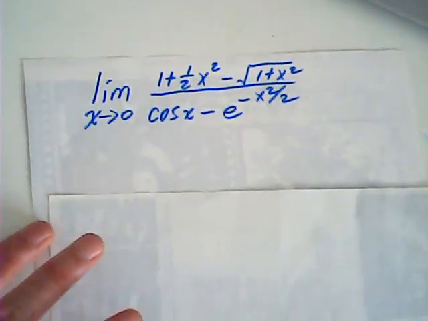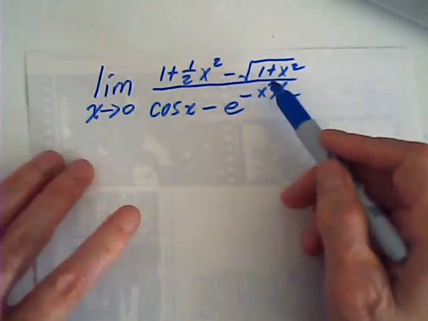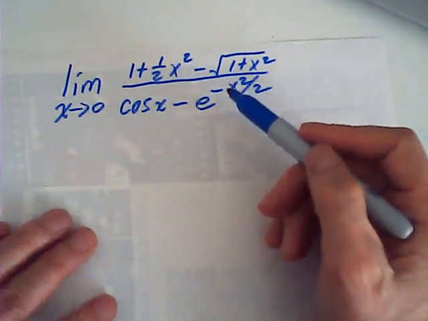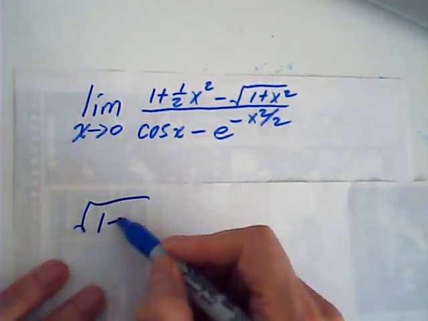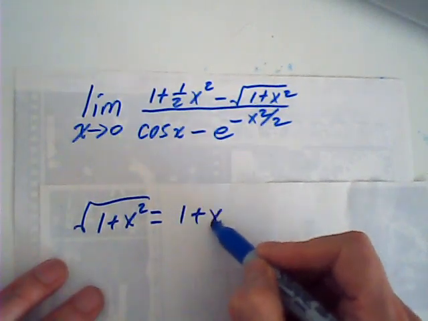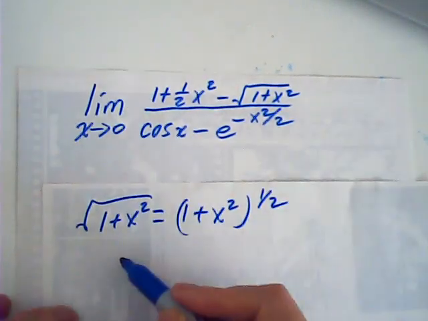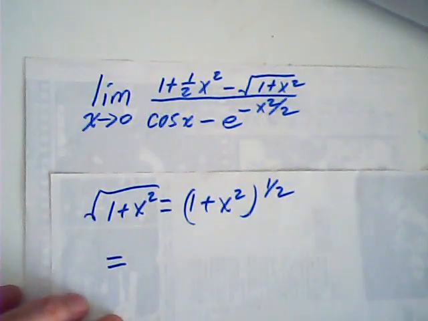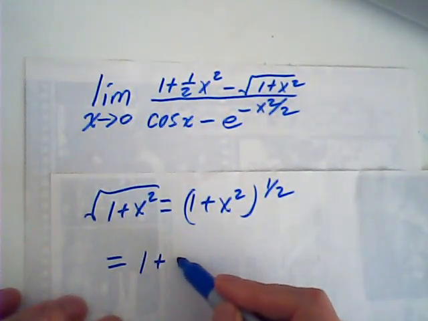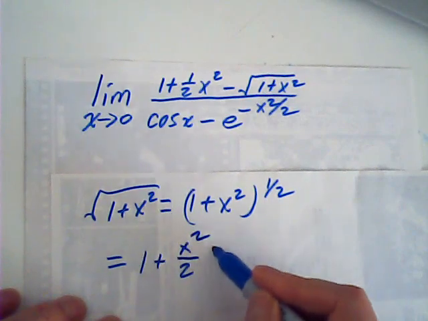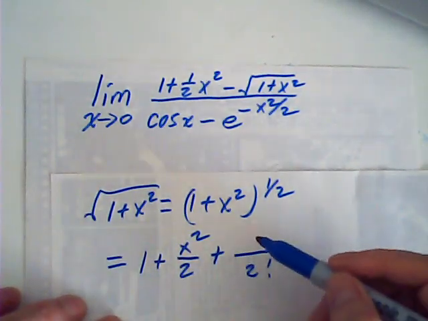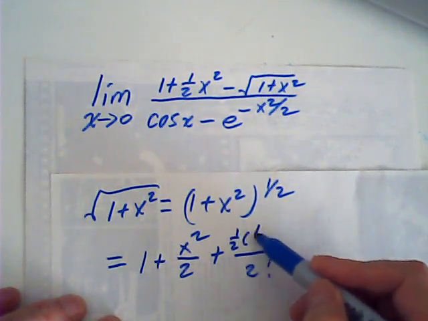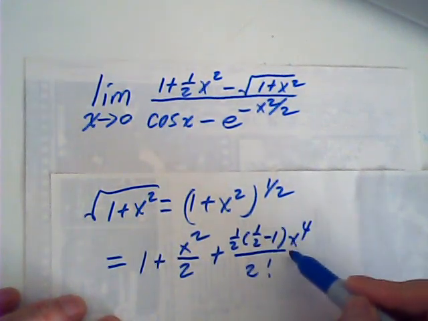Here I'm considering using the binomial expansion. Binomial says that this is 1 plus x squared to the half power, right? So after expansion, this is the first term, this is the second term, and then the third term, with half minus 1, x to the fourth.